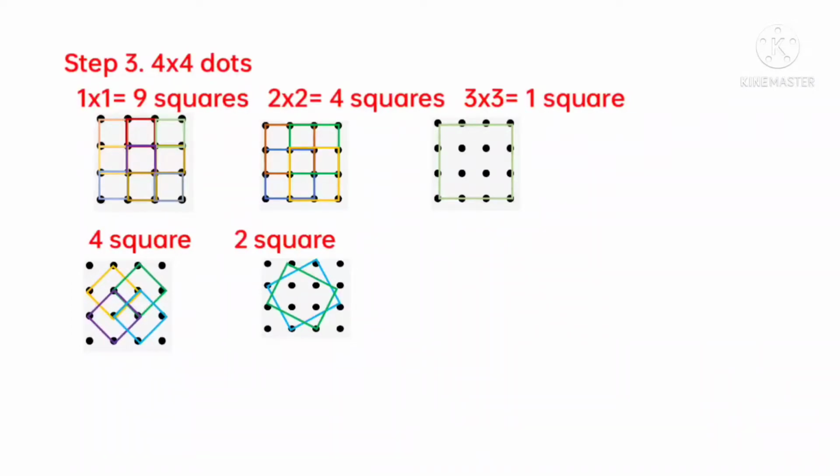So, step 3. Yung possible squares na mabubuo natin dito sa step 3 is 9 plus 4 plus 1 plus 4 plus 2 is equal to 20 possible squares. So, next is step 4.